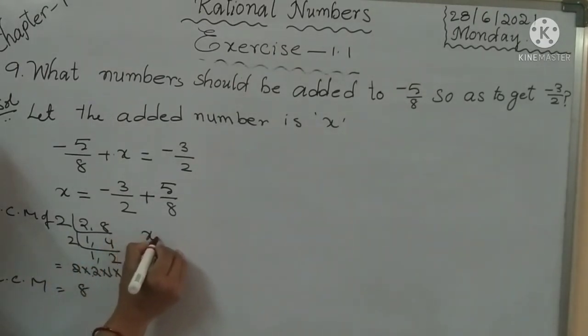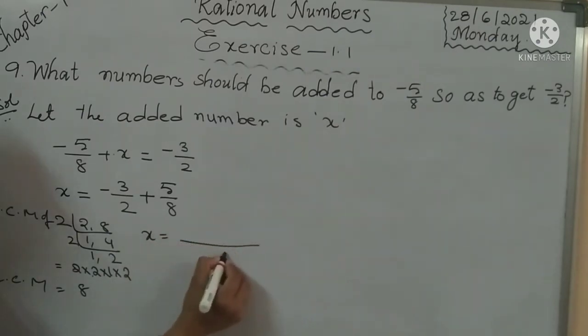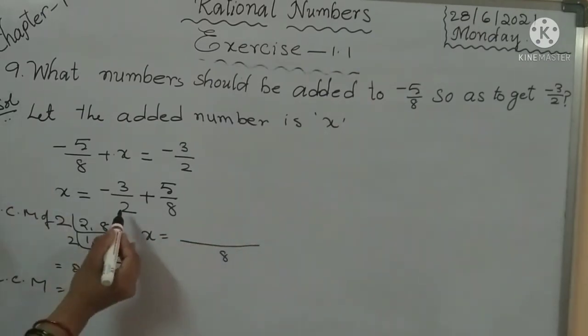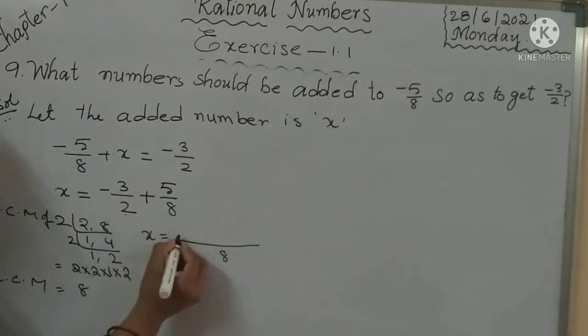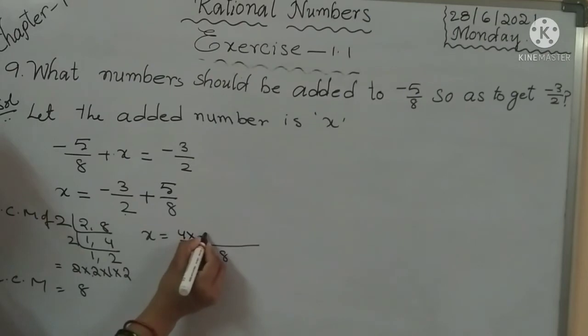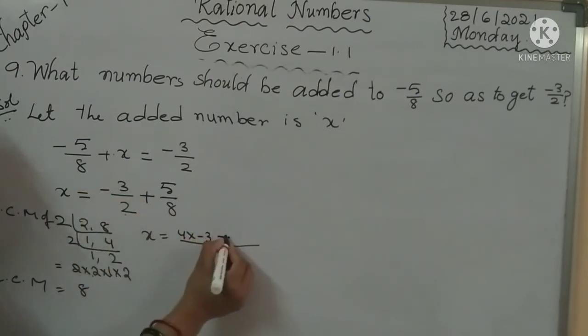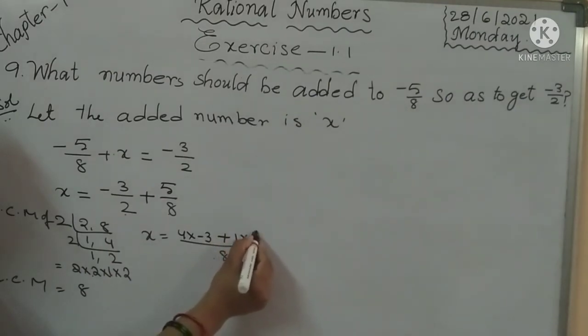So x is equal to, LCM is 8. Here denominator 2 is there. So 2, 8, how many times possible? 2 1s are 2, 2 2s are 4, 2 3s are 6, 2 4s are 8. So 4 times possible. 4 into numerator minus 3, plus 8, how many times possible? 1. 1 into 5.